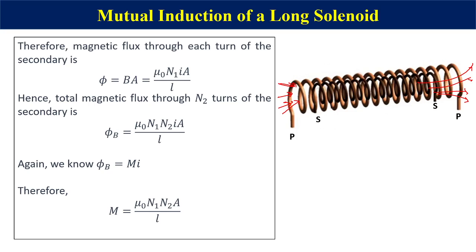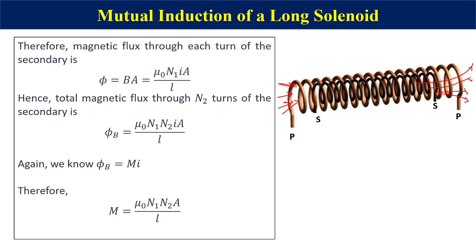These magnetic field lines will also pass through the secondary. Since we are talking about mutual induction, we pass current through one coil and get the effect in another coil. We are passing the current through the primary coil and we are interested in the effect in the secondary coil. That is why I am considering the flux through the secondary.